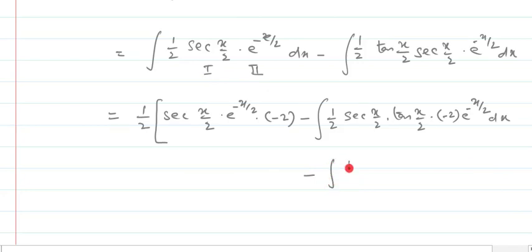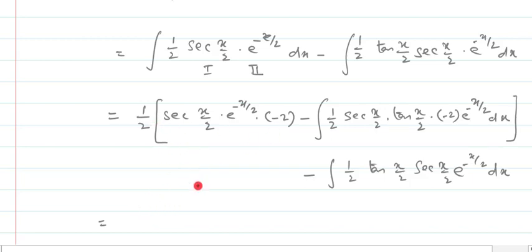It is minus the integration of half tan x/2 sec x/2 e power minus x/2 dx. Okay, now let us simplify this half.